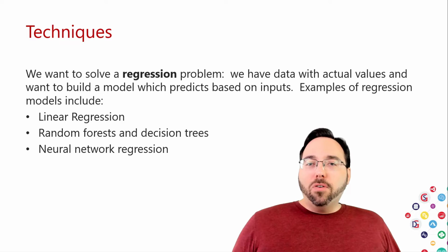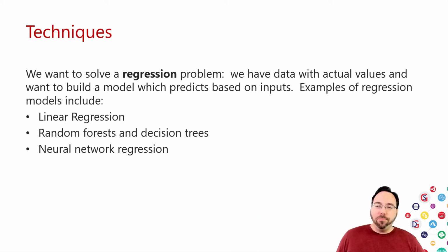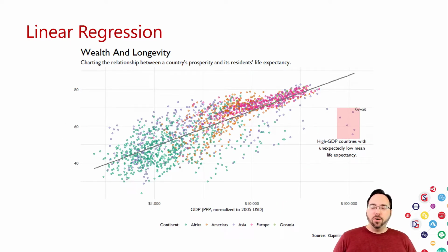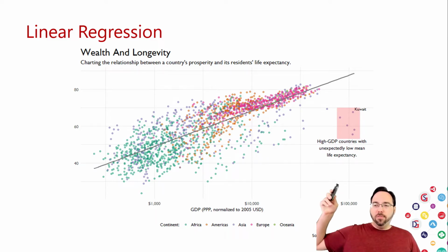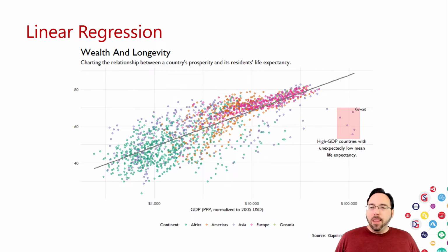One option is linear regression. Linear regression, pretty straightforward. All of the dots in this picture are actual data points. That gray line, which runs through the course of this picture, is a representation of the data. It's a representation of the shape of that data.